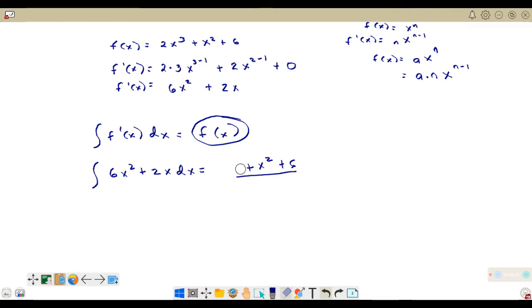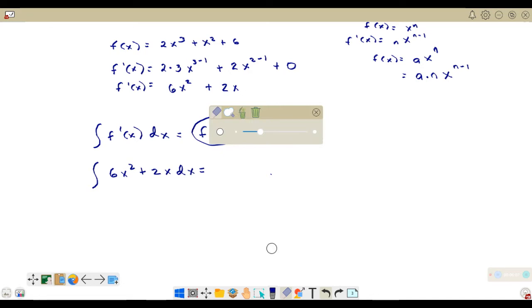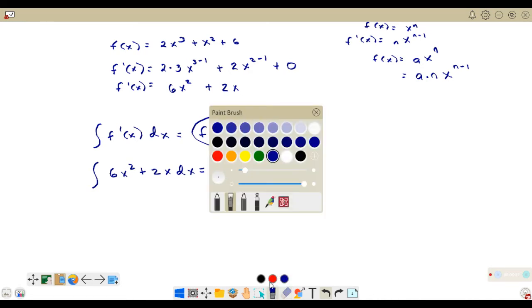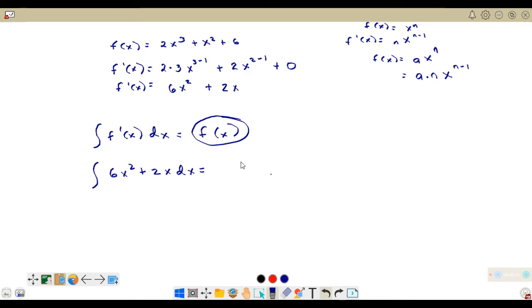So, let me remove this here. Let's reverse the procedure that we did earlier. So, we have 6x squared, right? We subtracted 1 earlier. So, this time, we will add 1. And whatever your power is here, it is going to be your divisor for the first term. So, whatever your power or degree is for the first term, that will be your divisor for the first term.